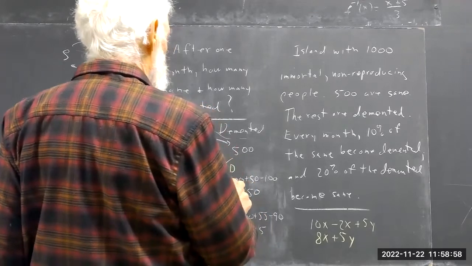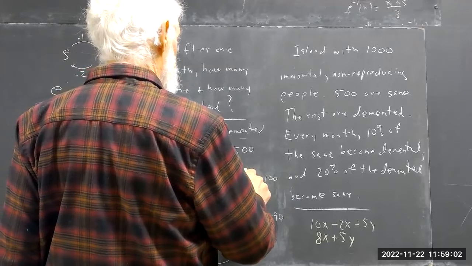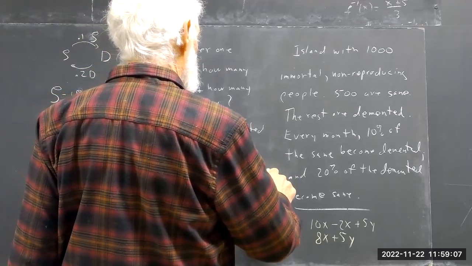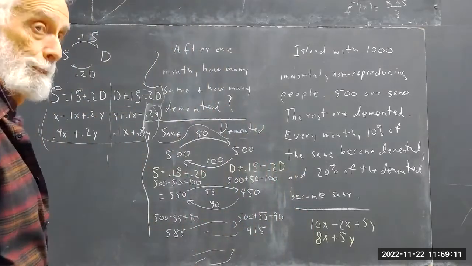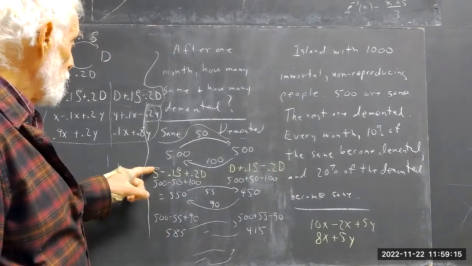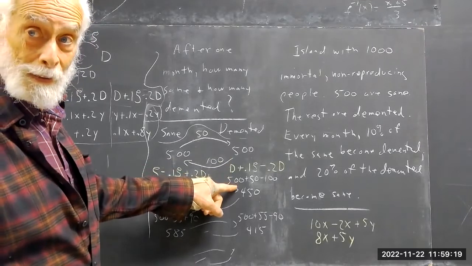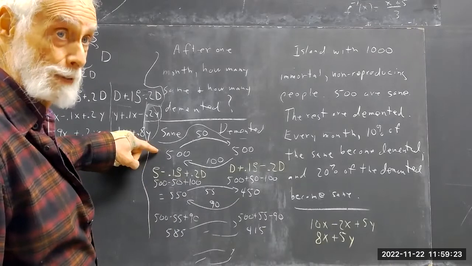And this is D, because the 500 over here is your demented. Plus 0.1S minus 0.2D. Okay. Again, the only thing that might be confusing is why did I use S for 500? Why did I use D for 500 over here? Because over here, I'm calculating based on the number of sane. S is 500.